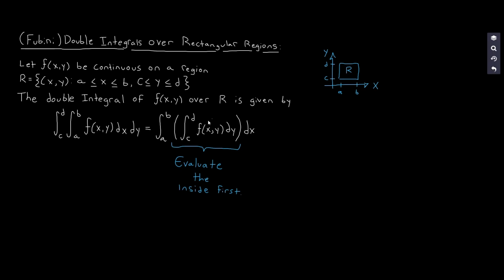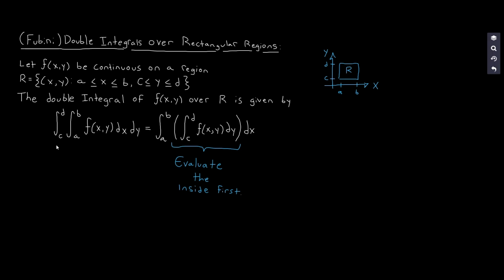And so the double integral of f of x and y over R, so that's the region over this, is given by the following. What this is showing is that we have the double integral, and both of these integrals, let's just look at this one first, have limits of integration.